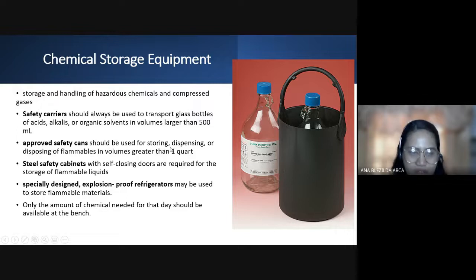Another one is the steel safety cabinets, ito yung lagayan ng mga chemical, and this is good for flammable liquids. And also, meron tayong tinatawag na explosion-proof refrigerators. Yung mga chemicals na dapat refrigerated temperature, doon mo siya nilalagay. That is the explosion-proof refrigerator. That is a special type of refrigerator.